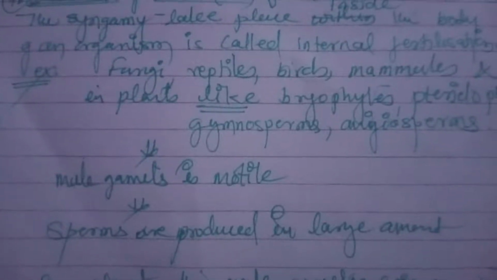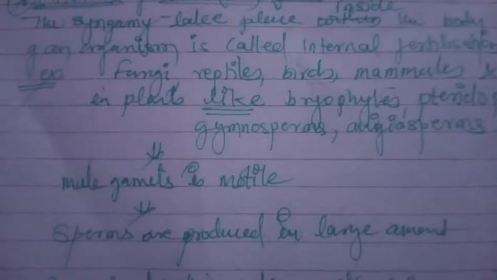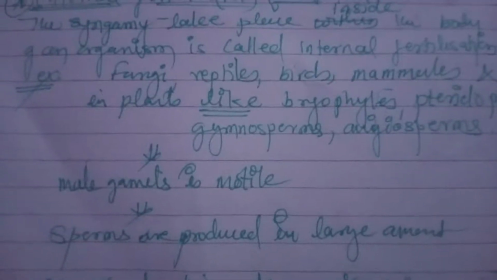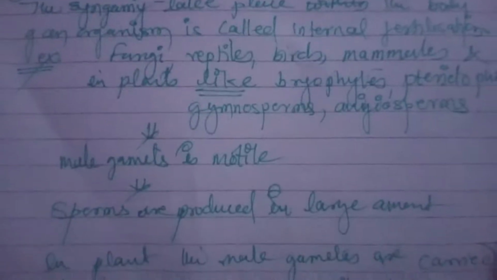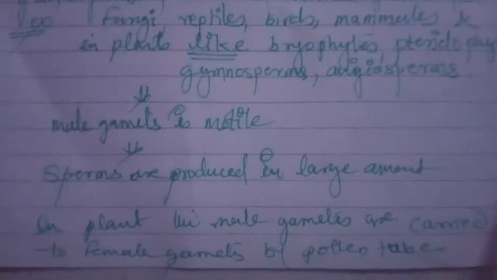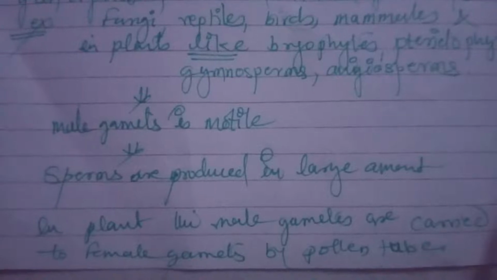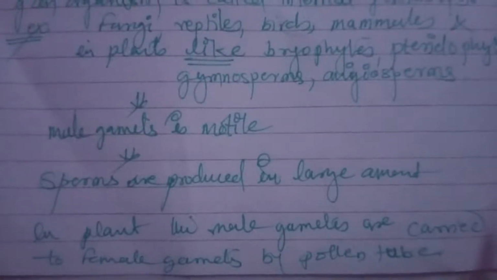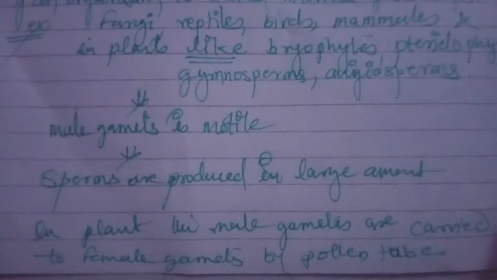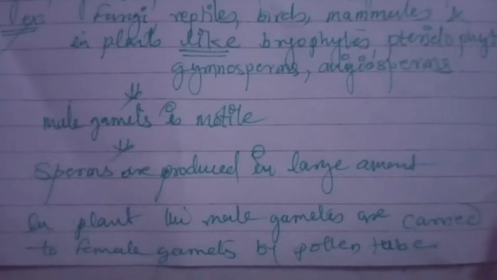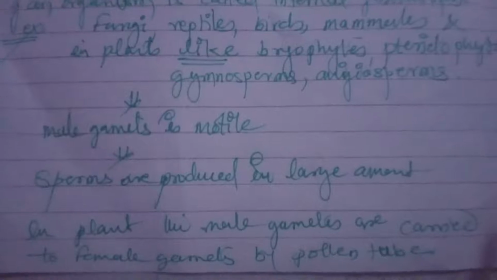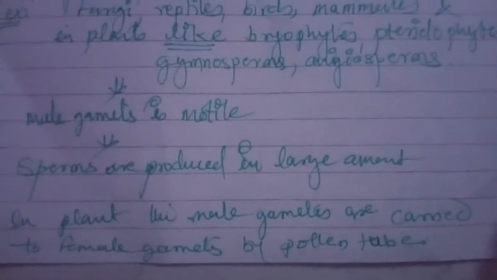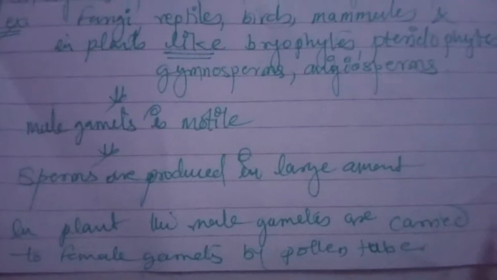When we compare to the egg, the sperms are produced in large numbers. And in the case of plants, the male gametes are carried to the female gametes by the pollen tube.